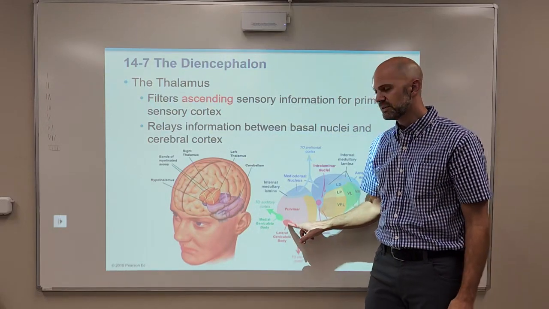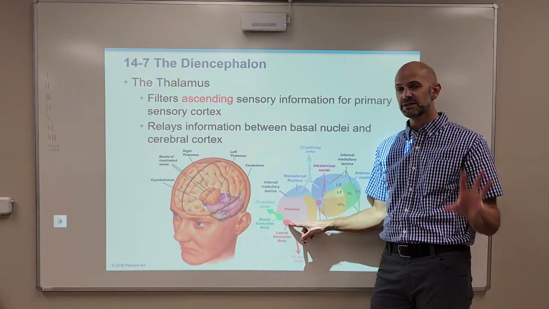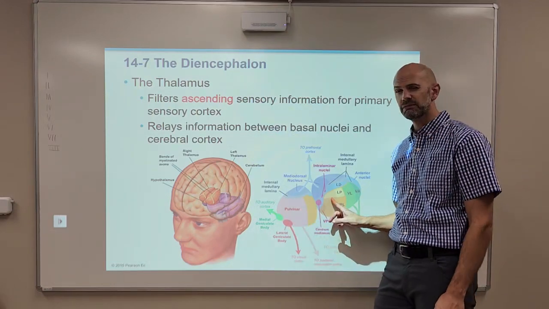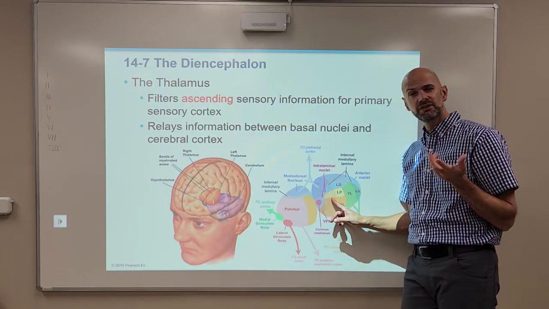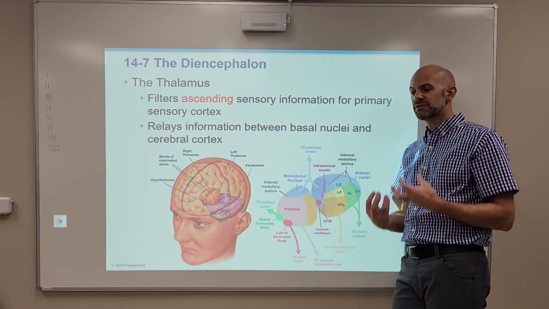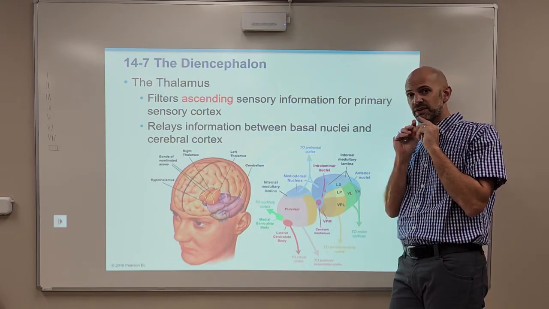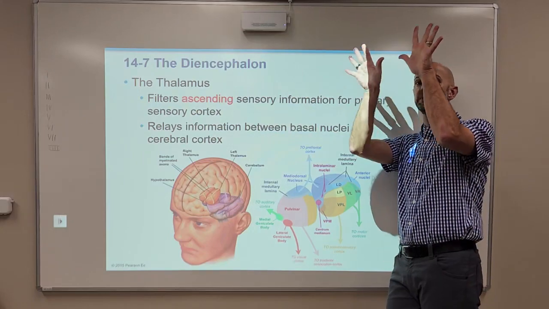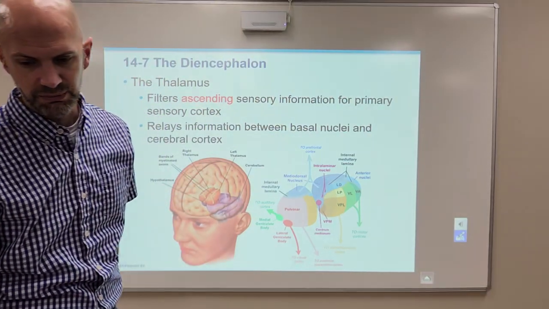Some of these neurons are coming from the eye, some from the touch receptors of your hand, some from the sense of taste, some from your sense of hearing, but each of them has sensory neurons coming to the thalamus, synapsing with another neuron, and then continuing that message and projecting up into the cerebrum.